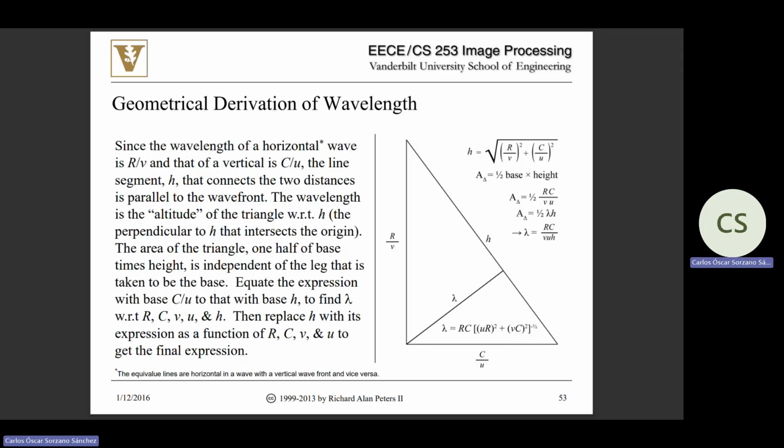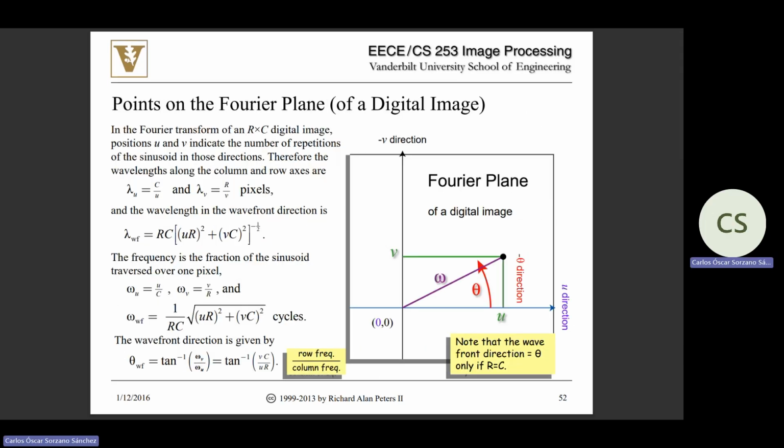Then we have these formulas that we had before to compute the wavelengths. The wavelength in one direction is the number of columns divided by your index. In the other direction, it is the number of rows divided by your index.